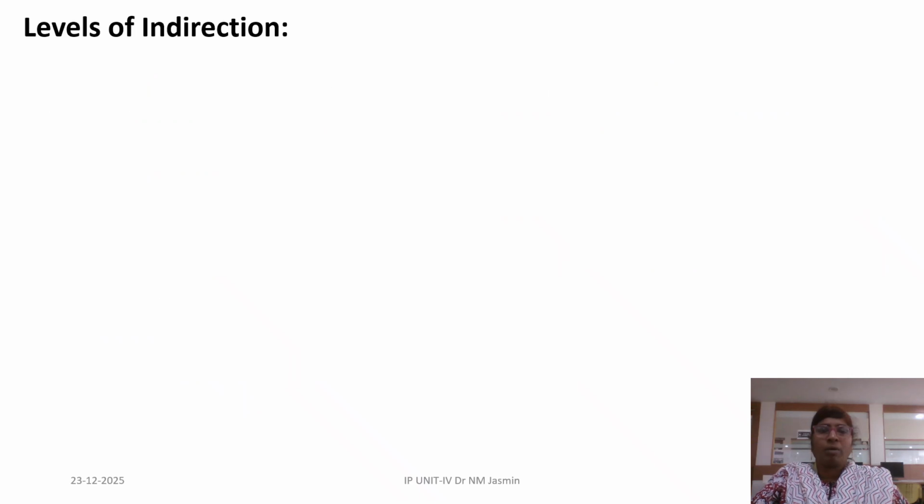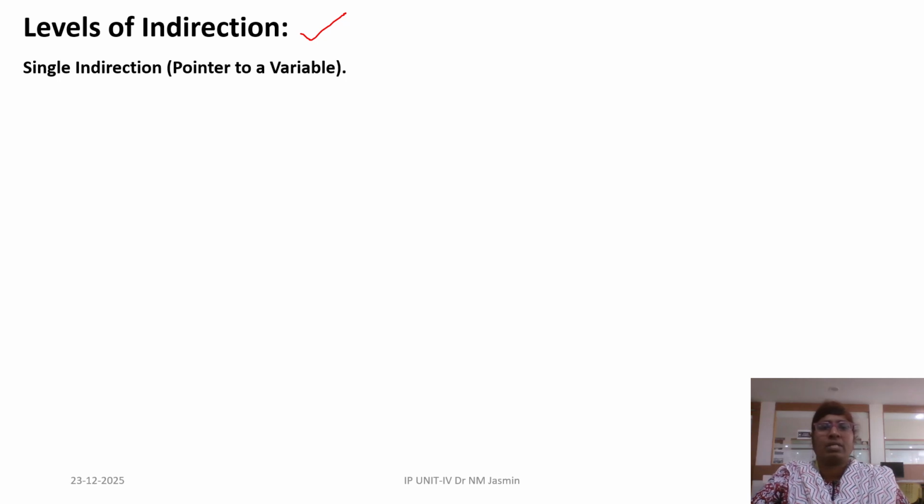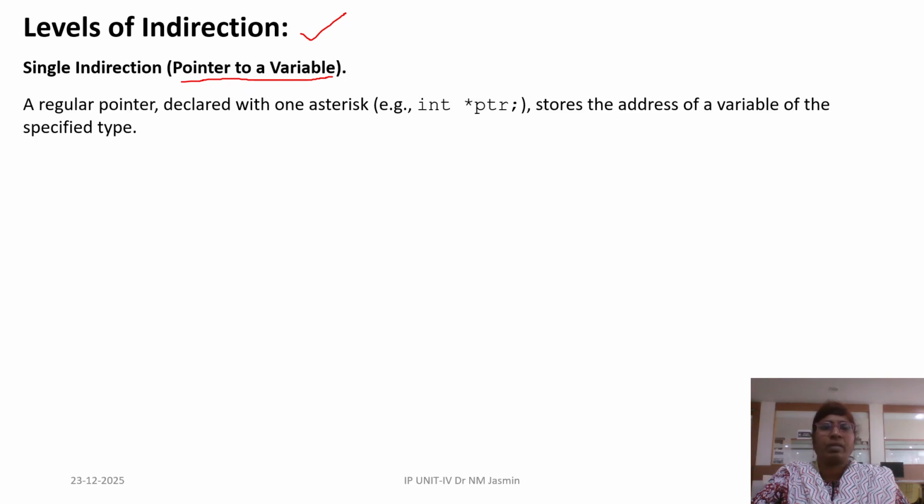Now, what are the levels of indirection? Here we can see three levels of indirection. The first one is single indirection, where the pointer points towards the address of the variable. This is also called a regular pointer, declared with only one asterisk.